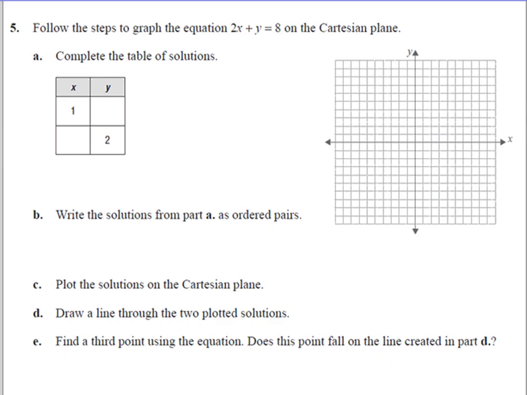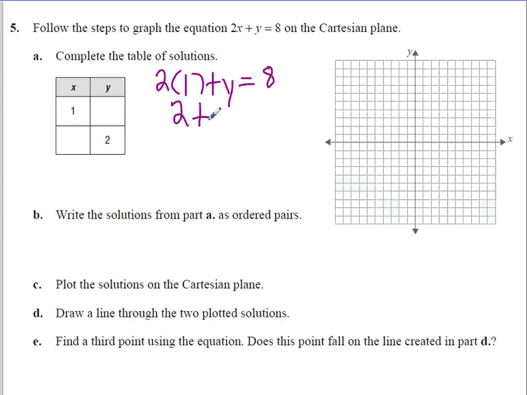So here's an example. We have 2x plus y equals 8, and they want us to complete the table using x equals 1 for one solution and y equals 2 for the other solution. If we use x equals 1, we'll have 2 times 1 plus y equals 8.